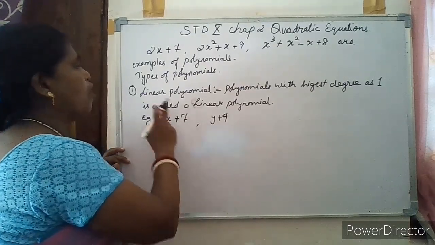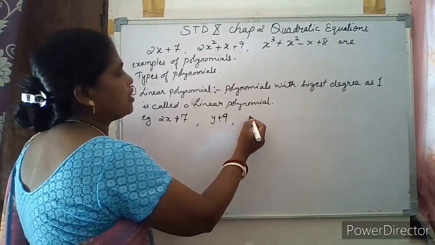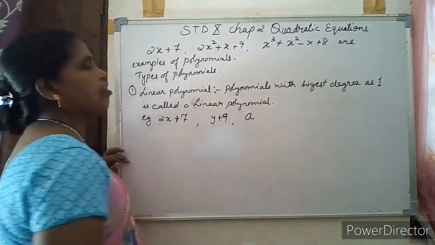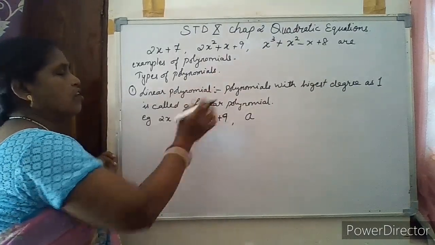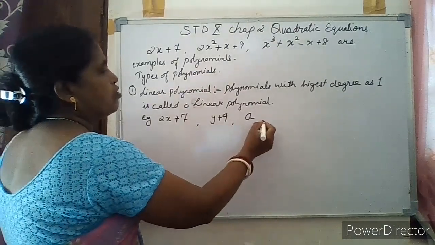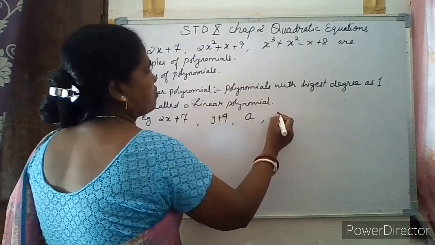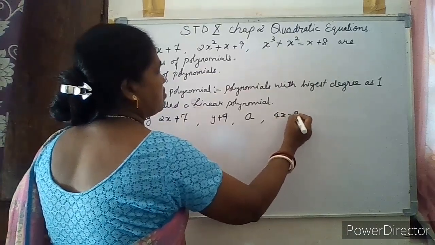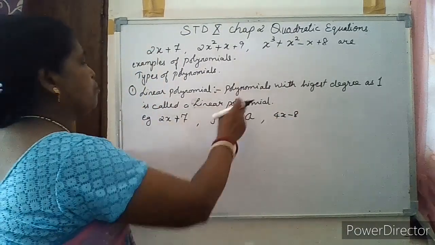This is an example of linear polynomial. This is also an example of linear polynomial. If I just write a, here the degree of the polynomial is only 1. Then also it's a linear polynomial. For example, 4x minus 8 is also an example of linear polynomial.